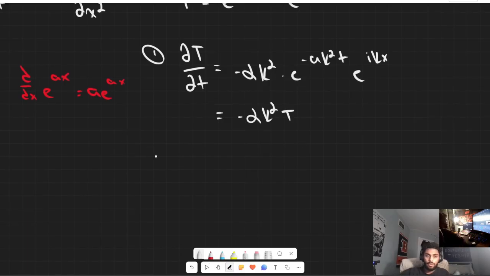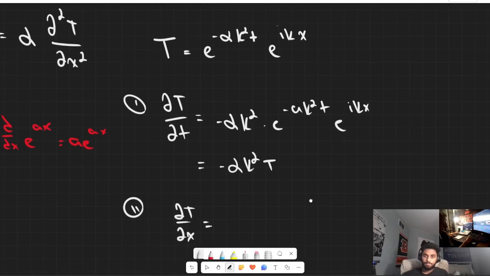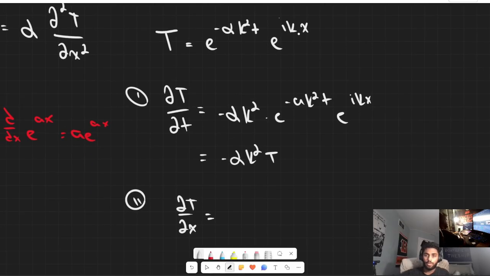Now, for our second derivative, so this one right here, quite literally a second derivative, we can first take that first derivative. So maybe let's start like that. We'll take the first derivative, and that is equal to i k t, because like last time, this e will stay and that will regain its identity.